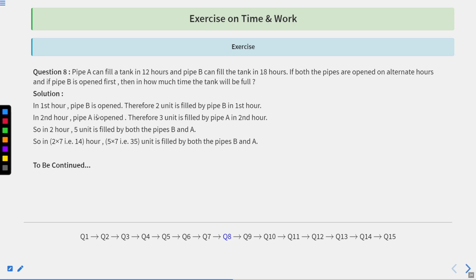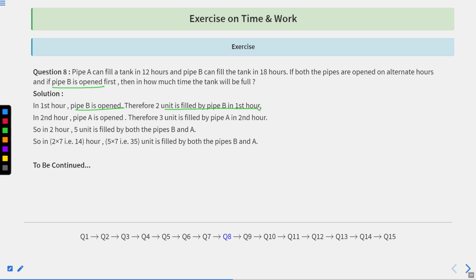So in the first hour, pipe B is opened. It is given in the question that we start with the pipe B first. So 2 units are filled by pipe B in the first hour, since efficiency is already known to us for the pipe B, that every hour it contributes 2 units.